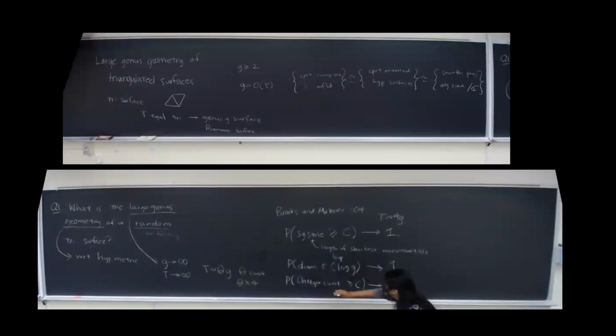I'm not going to explain what the Cheeger constant is, but intuitively it measures how difficult it is to cut the surface into 2 pieces of roughly equal area. You require some curve to do that, and that curve has a length. Basically, what this is saying is that a random triangulated surface is quite difficult to cut. So it looks like an expander.